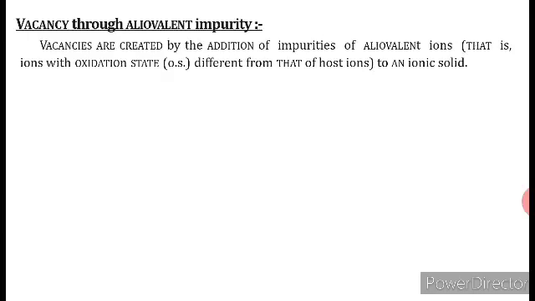For example, I mixed strontium ion with sodium chloride crystal as an impurity. If strontium chloride is mixed with sodium chloride, the strontium ion has two positive charges, while the sodium host ion has one positive charge. The oxidation state of strontium is 2+ and that of sodium is +1. So the strontium's valency is different from the sodium ion, so it is an allovalent impurity.